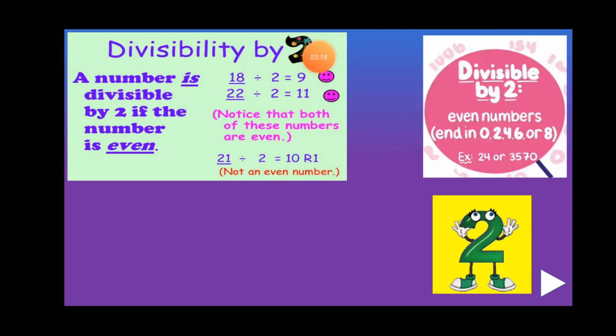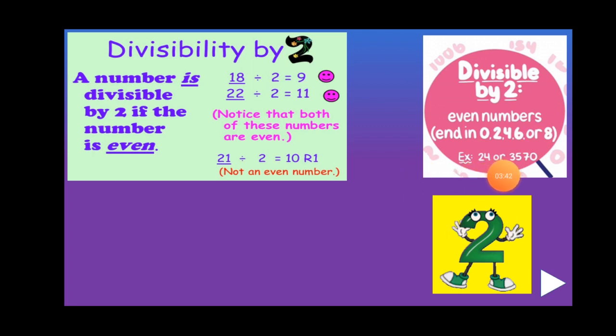So, children, what did we learn regarding the divisibility by 2? That the number must have an even number as its last digit, like 0, 2, 4, 6 or 8. Then only the given number is divisible by 2.